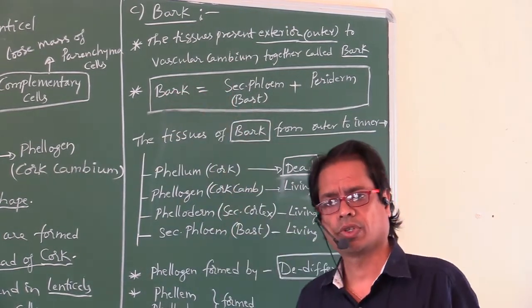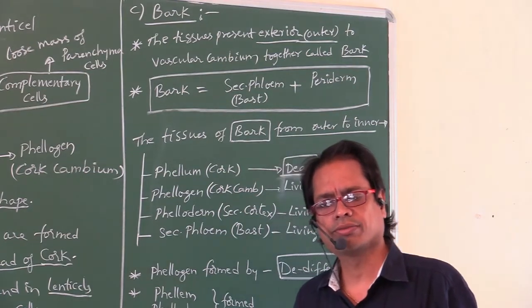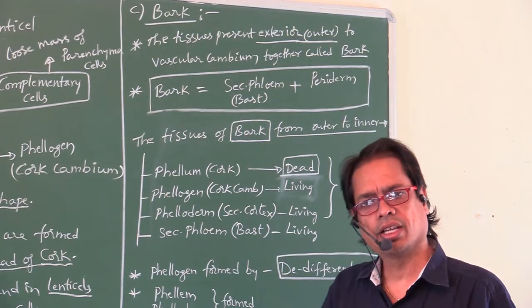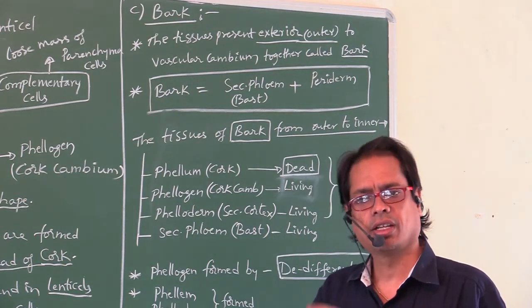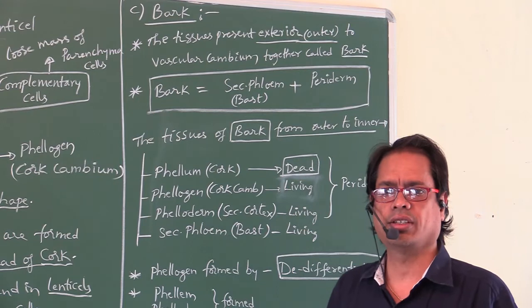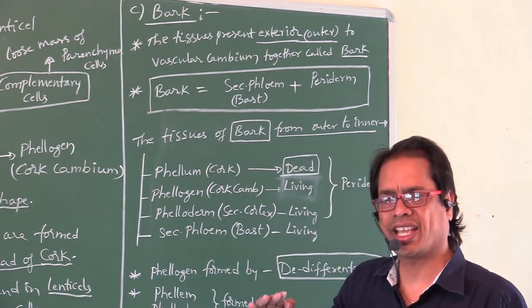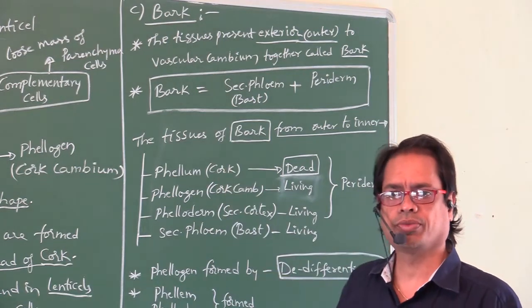This is the order. If some layers are disintegrated, that is pericycle, endodermis, hypodermis, epidermis disintegrated, then those are the tissues present external to vascular cambium.